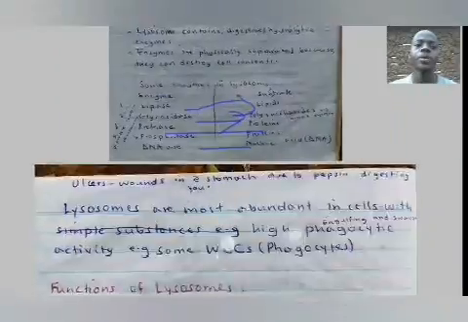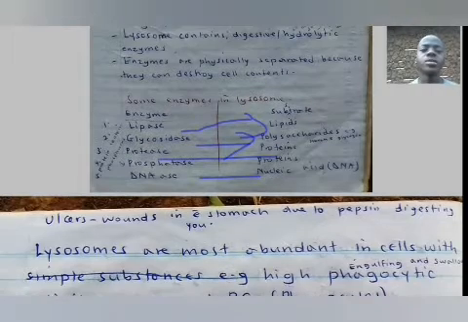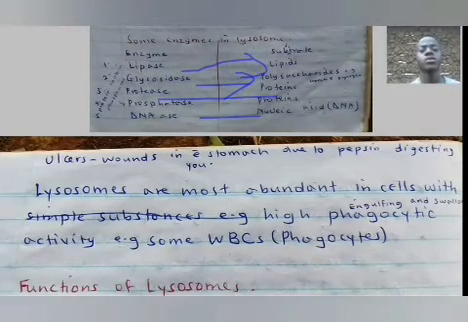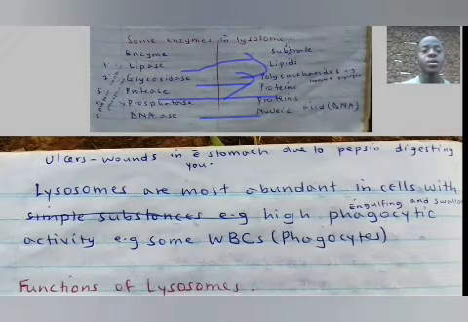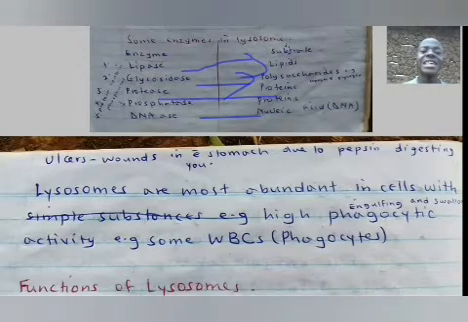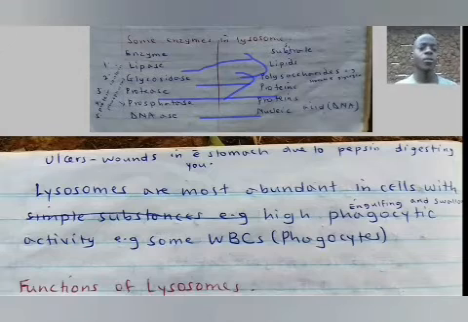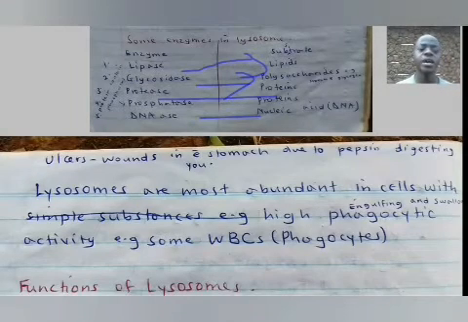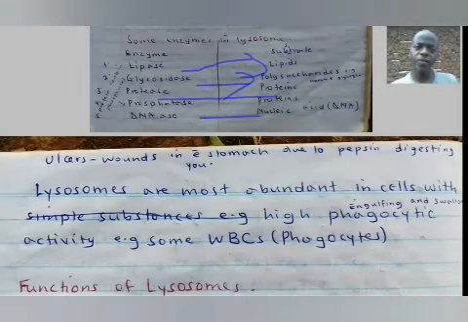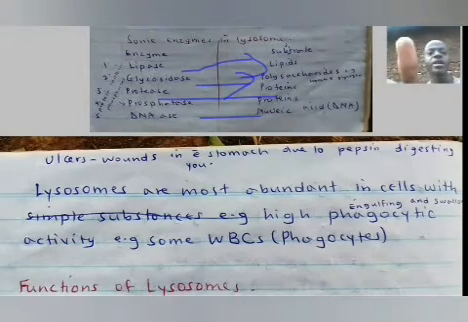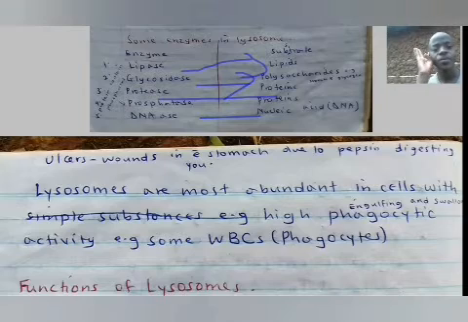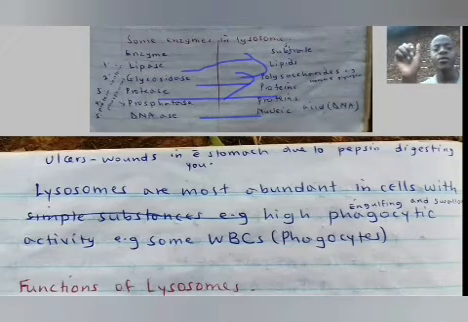So having looked at those enzymes, we need also to know that lysosomes are most abundant in cells with high phagocytic activity. They are found in those cells whose main function is phagocytosis.